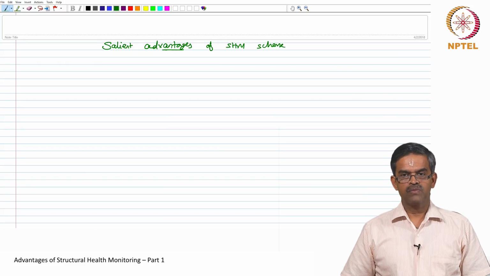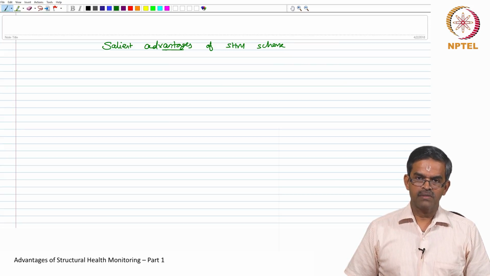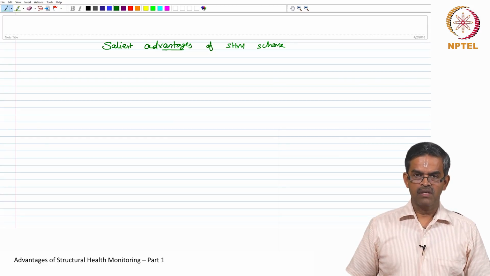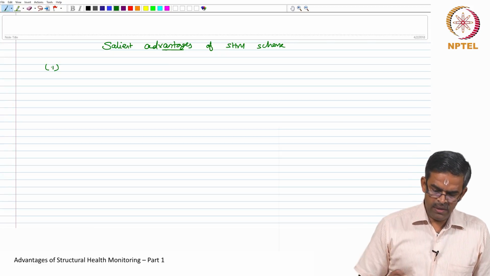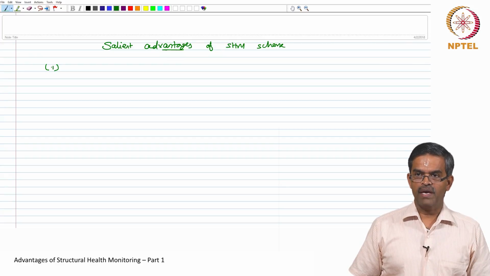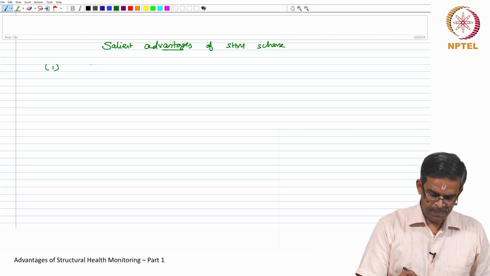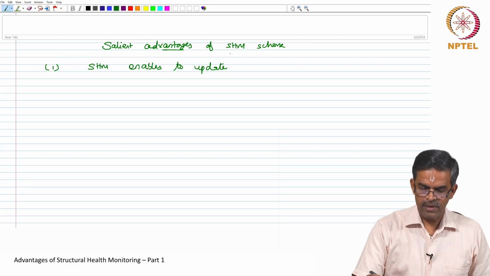These advantages are common to a variety of structures like civil engineering infrastructure, mechanical systems, offshore structures, naval systems, aircraft structures and aviation structures, nuclear reactors, etc. One of the main advantages, which is very critical and most welcome by the engineering fraternity, is that a structural health monitoring scheme enables us to update the integrity of the structure.